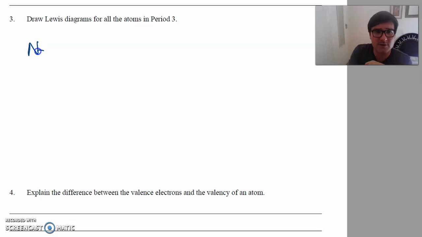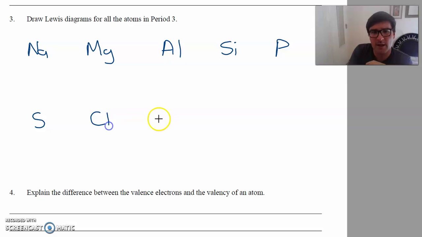So we had sodium, then it was magnesium, then it was aluminium, silicon, phosphorus, sulfur, chlorine, and argon. Okay, so sodium is in group 1, it only has 1 valence electron. Magnesium in group 2, it has 2 valence electrons. Aluminium in group 3, 3 valence electrons, or 13 specifically actually.